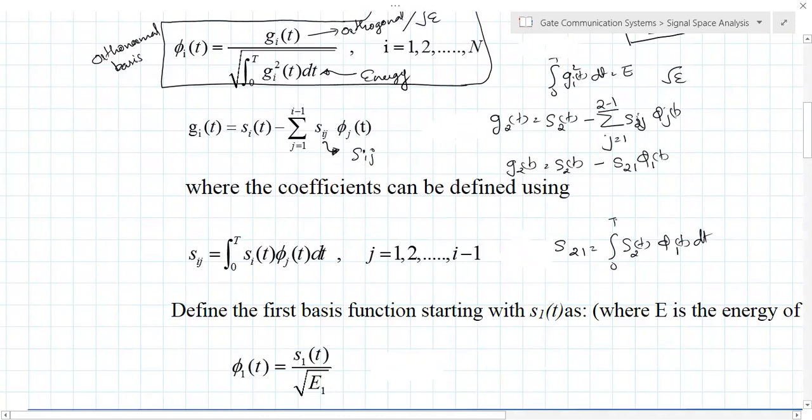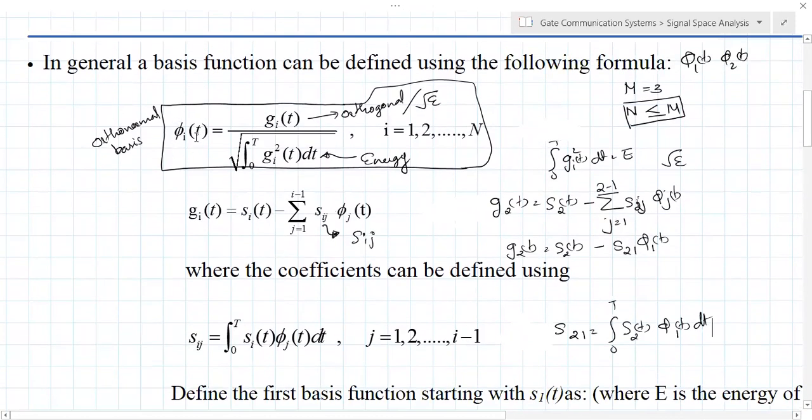Another important point: if you want to calculate phi2(t), we need g2. If you want to calculate g2, you require phi1. That is the idea behind orthonormal functions. It is a series of operations. First we find phi1, then only can you find phi2, and once you find phi2, you can find phi3, etc.